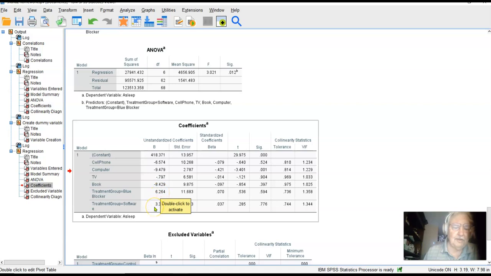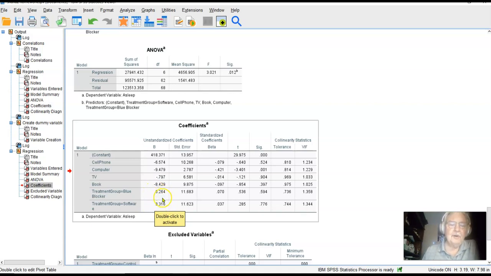The software, if it was a 1, would add 3 minutes. In this case, it's a 1 or a 0. And if it was the software group, you wouldn't add in the 6, you'd only add in the 3.